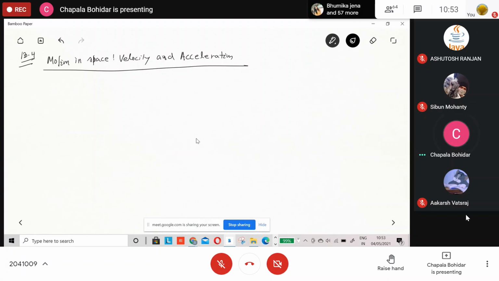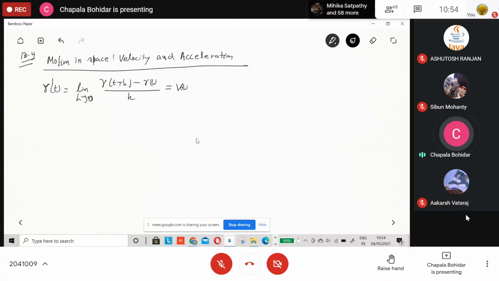All of you know that r dash t is equal to the limit, if the limit exists, as h tends to 0, of r(t plus h) minus r(t), divided by h. So in physical language, we can say it is our velocity vector.